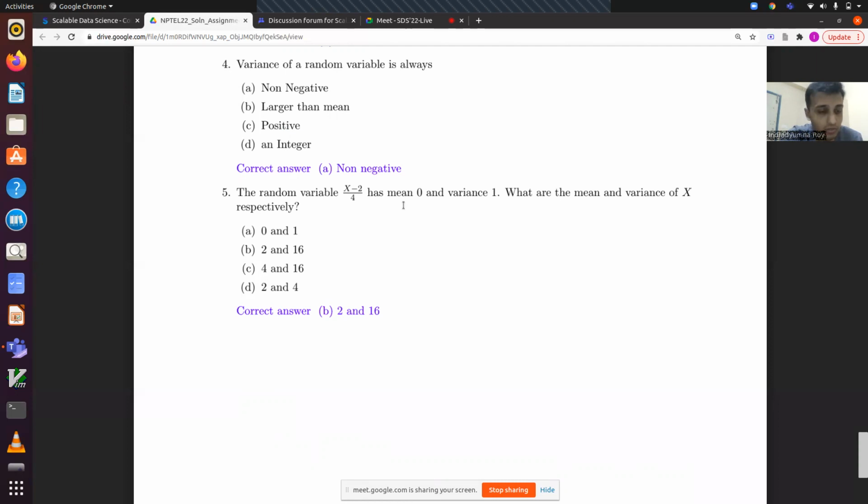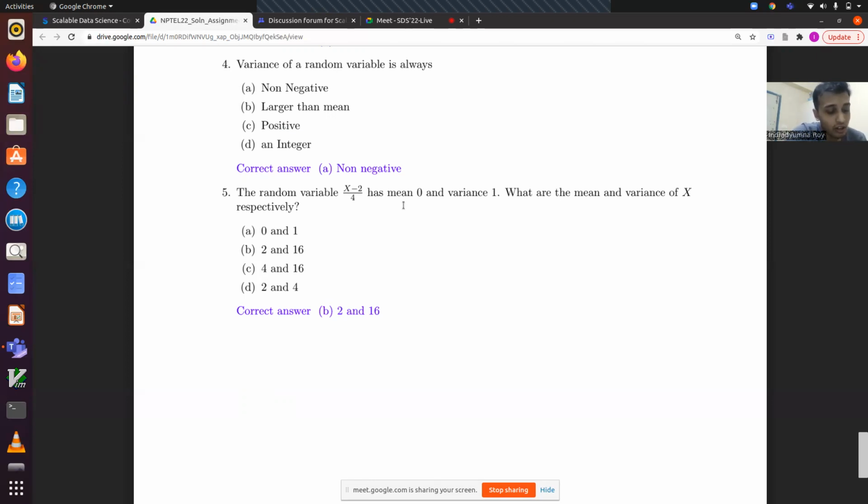Now it is asking you the expectation of x. E of x, that's the question, right? What is the mean of x? So E of x equals E of what? How can you express x in terms of y? Can you do the algebra? Yes, sir. E of x plus y equals E of x plus E of y.